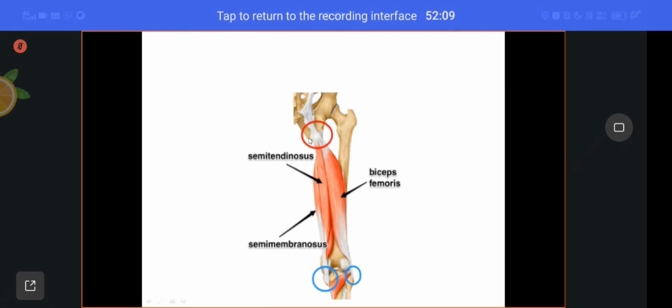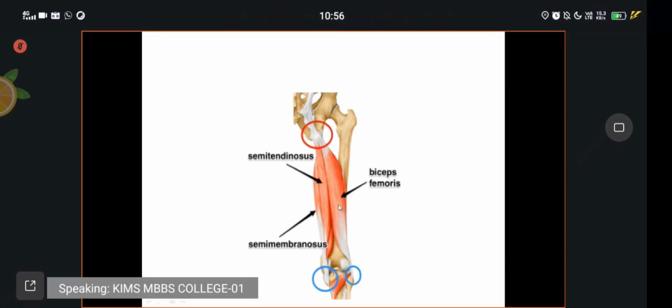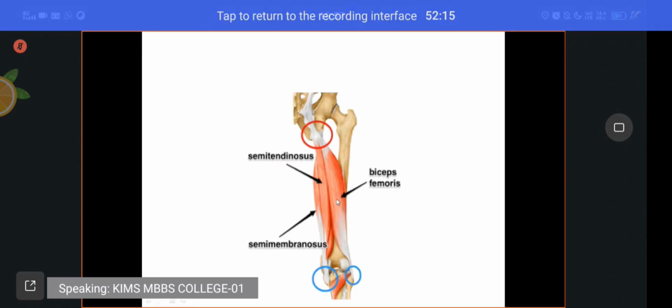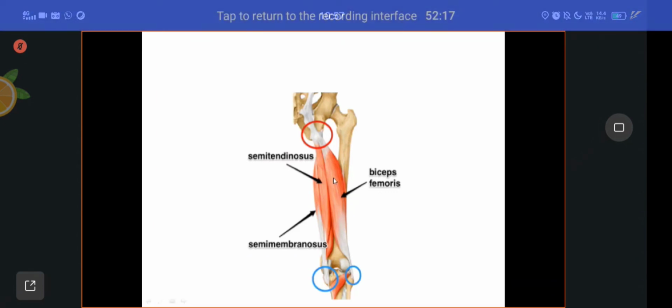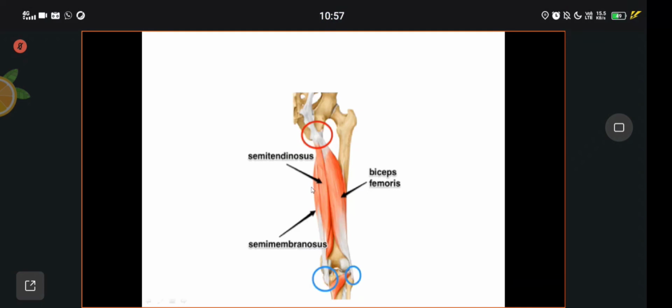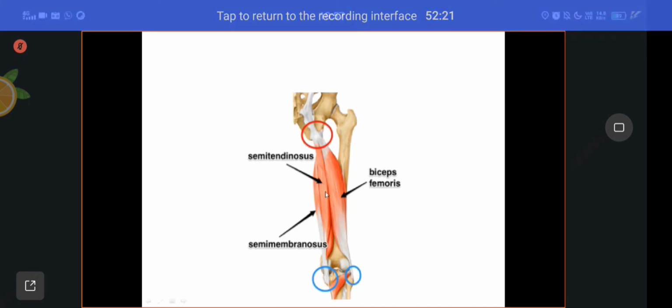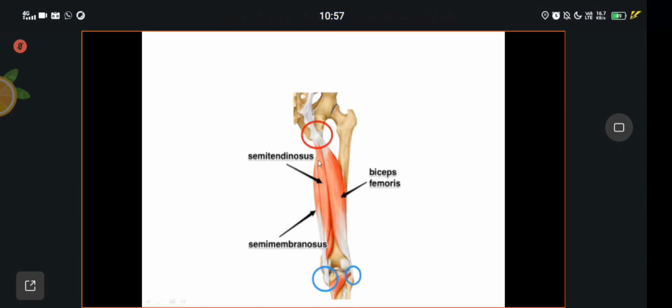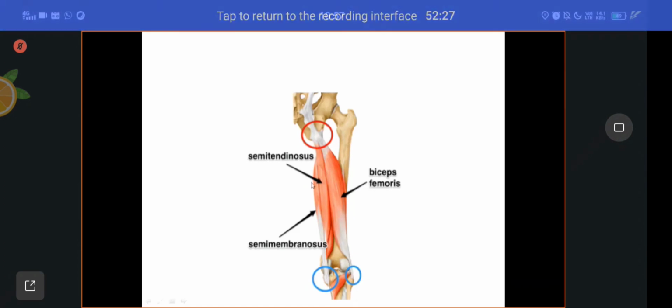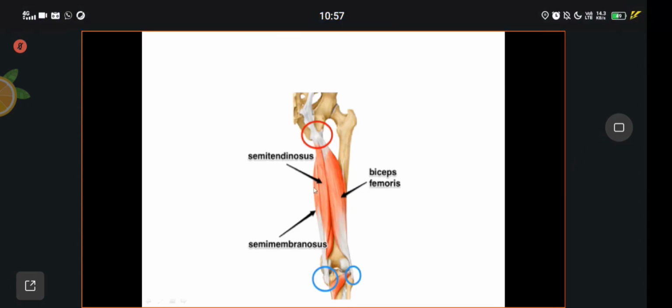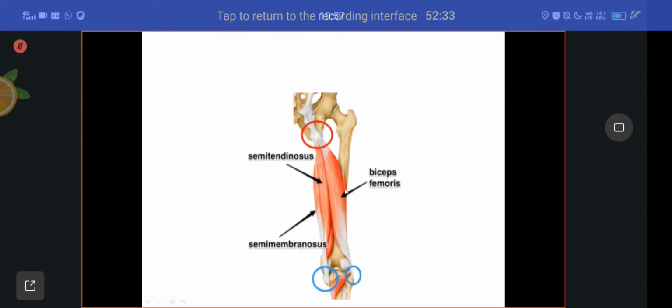The ischial tuberosity gives origin to the biceps femoris muscle, which you can see here. These two muscles, the semitendinosus and semimembranosus, are also hamstring muscles, which you see in the posterior compartment of the thigh. And where is the adductor magnus?